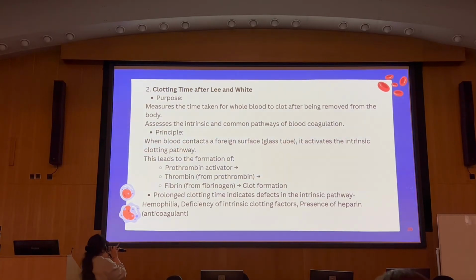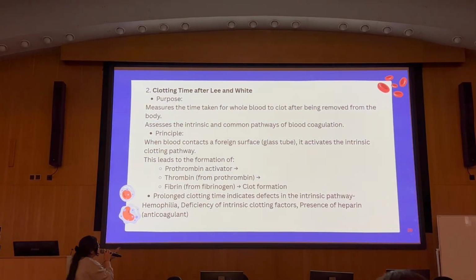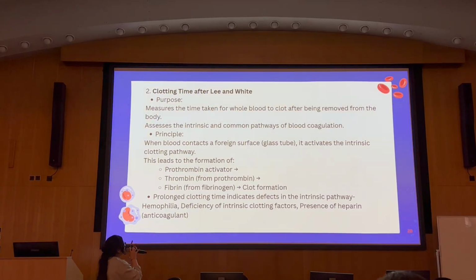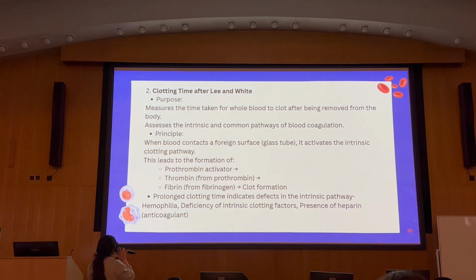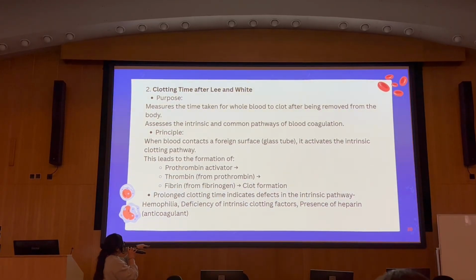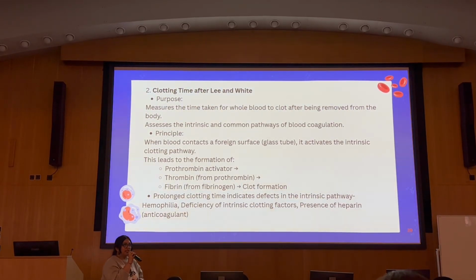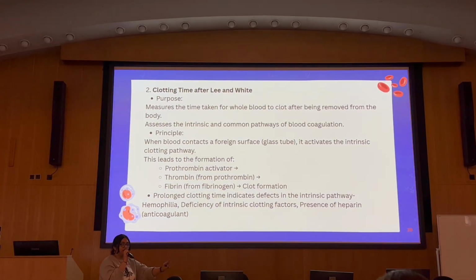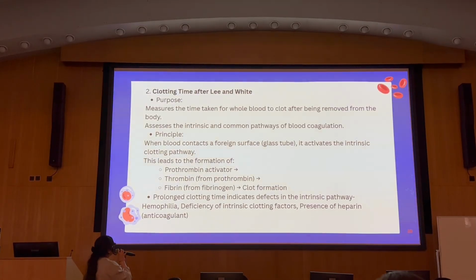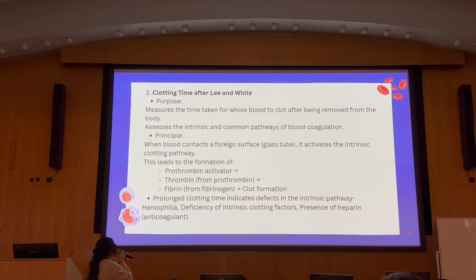The main principle is that when blood contacts a foreign surface, it activates the intrinsic clotting pathway, which was explained in detail, and leads to clot formation. This usually takes around 10 to 15 minutes. You're not adding anything, just letting the blood clot in the test tube. So this is your clotting time after Lee and White.